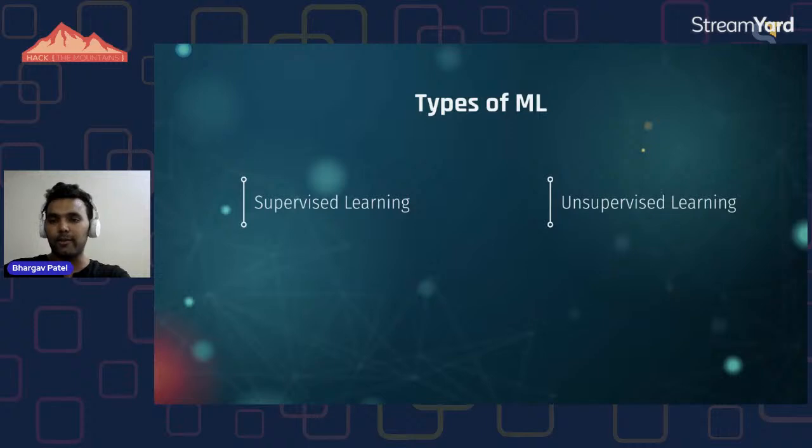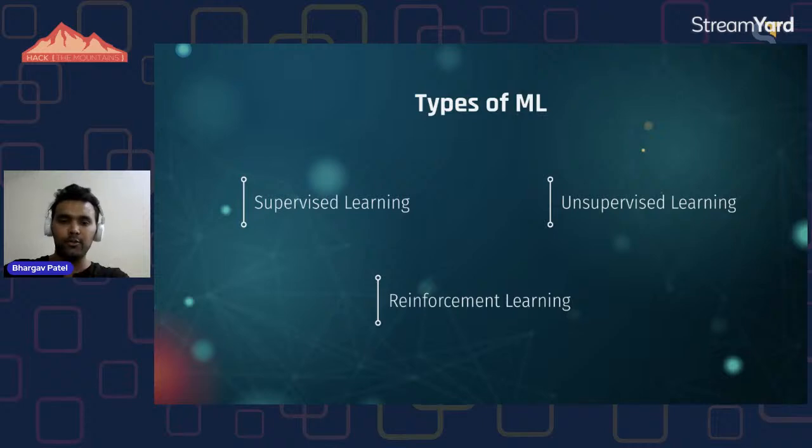So we prepare algorithms to understand data, its characteristics, and then divide it into segments. And then there is completely different reinforcement learning, which has a different approach to resolve it, right? So all the machine learning algorithms can be broadly categorized into these three domains.